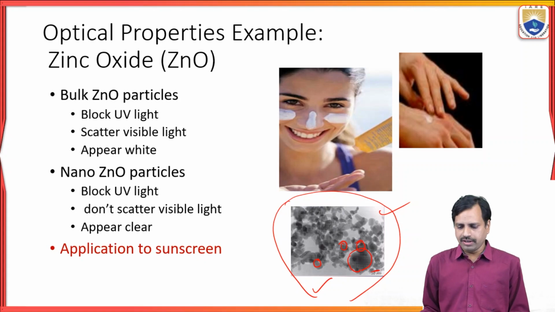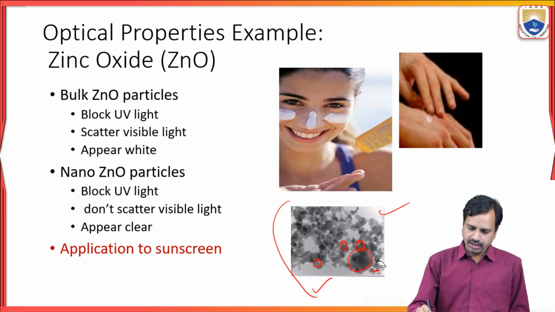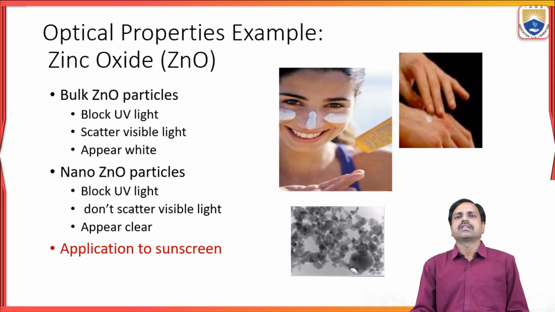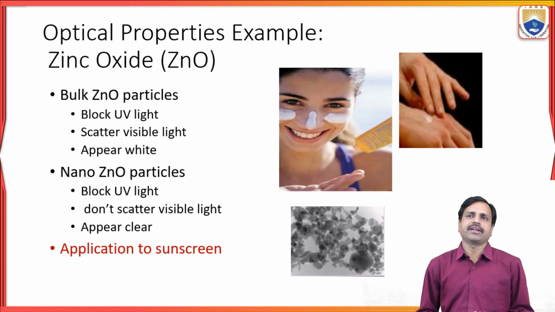Whereas nano zinc oxide will not scatter the light. Because of that, zinc oxide will be used in sunscreen lotions.